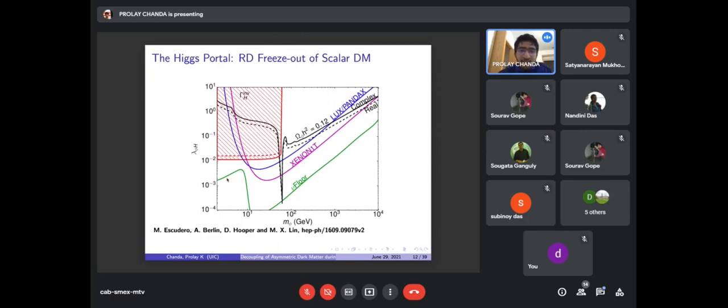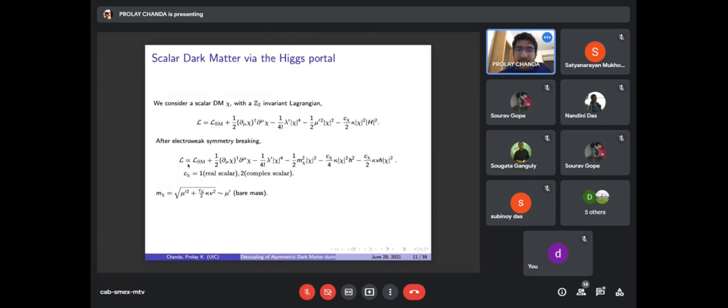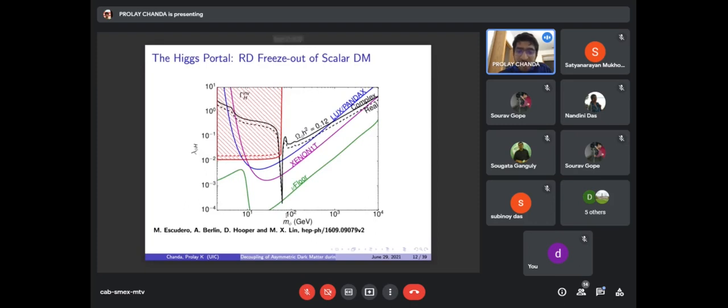So this solid and dashed black line, the black contour, is fitted such that, in the y-axis, lambda is the kappa in our notation, and the m phi is actually the mass of dark matter. It is fitted in such a way that we choose a mass of dark matter and coupling so that the relic density of dark matter today is exactly 0.12.